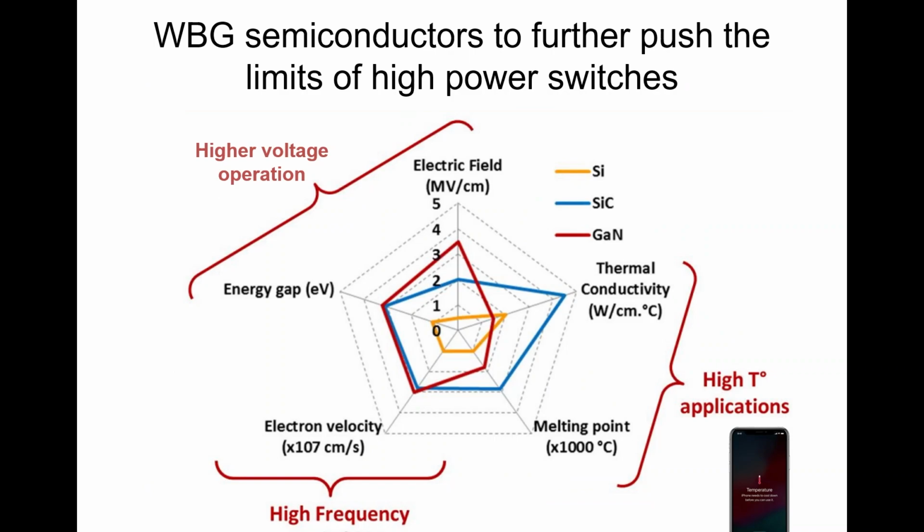Okay, so this is the spider chart that everybody is using. Again, I don't need to spend too much time, but it reflects the interest in wide band gaps. You see the advantage in electric field, which is a key parameter due to the band gap, but also the velocity, for both silicon carbide and gallium nitride as compared to silicon. Very important is the thermal conductivity, which is not really an asset for gallium nitride.